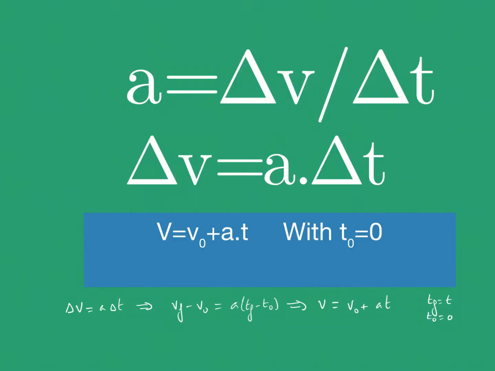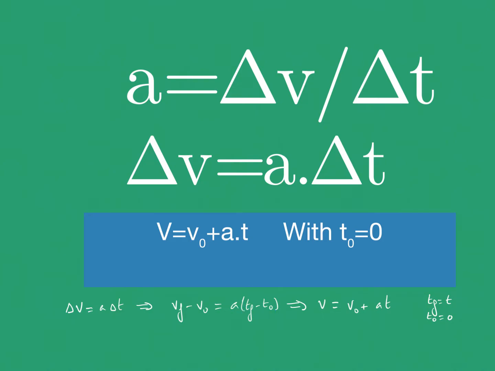So the two equations that you are going to use are a equals delta v divided by delta t, and delta v equals a times delta t. And from this equation, I can obtain this equation if t0 is equal to 0. Because delta v is v final minus v initial, so delta v equals a times delta t means that v final minus v initial is a times (t final minus t initial).